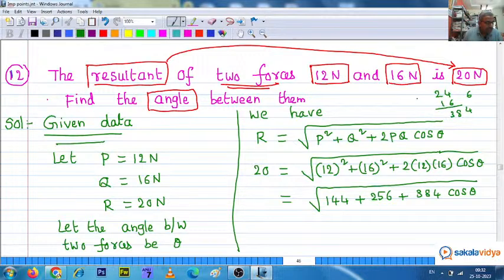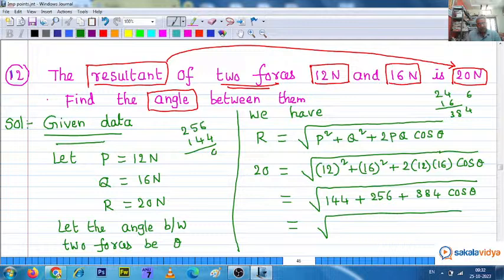Next, let us see. This equals the square root of 256 plus 144. 256 plus 144 is 400. So plus 384 cos theta.